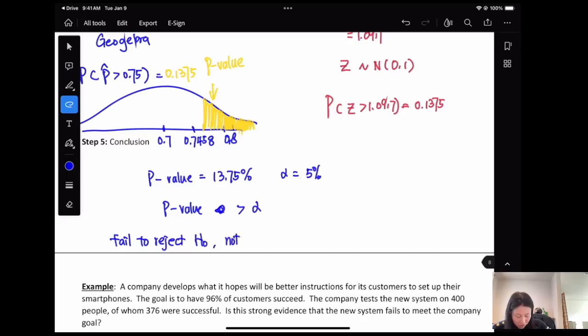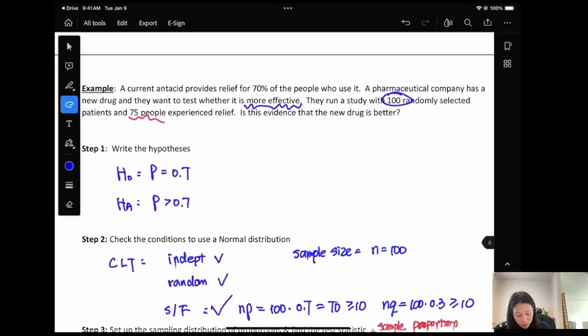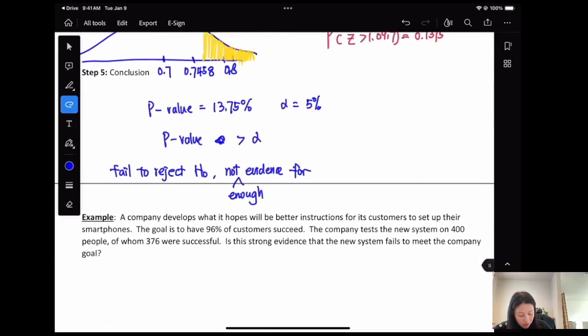So that means there's not enough evidence for what we're trying to prove, that the drug is more effective.